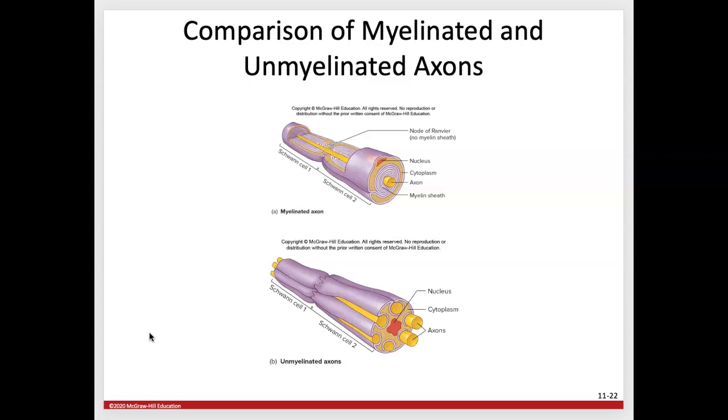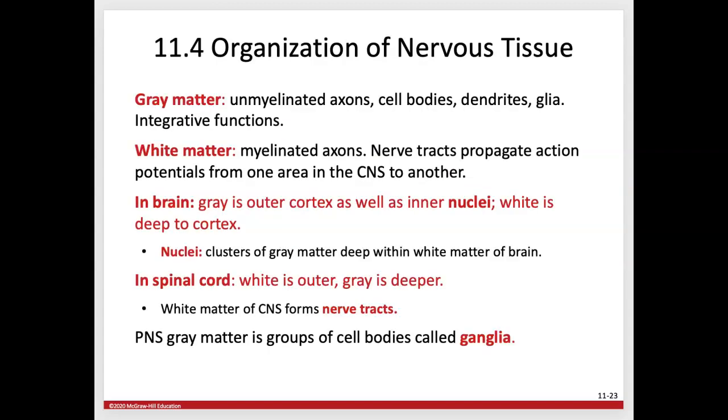It conducts signals way faster, and you're going to find gaps in between. The unmyelinated has a much slower conduction speed, and it's referred to as gray matter, and that's really all you pretty much need to walk away from this with. So I'm going to stop here, and we'll pick up on the next part coming up.